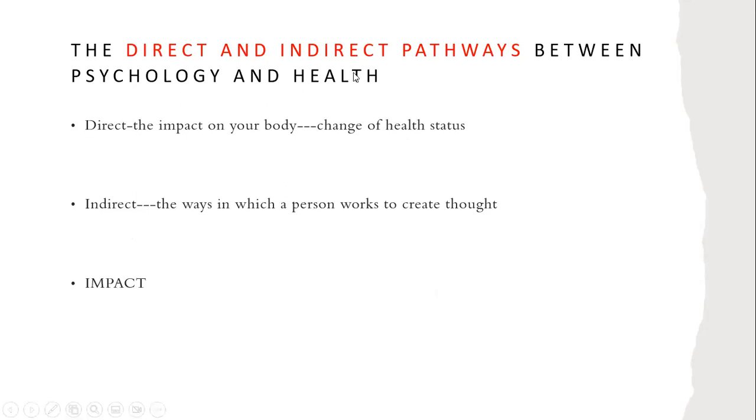The indirect pathway is the ways in which a person works to create the thought. The book gives a great example where the psychological factor is someone feeling stressed, right? And we can probably all relate to that.